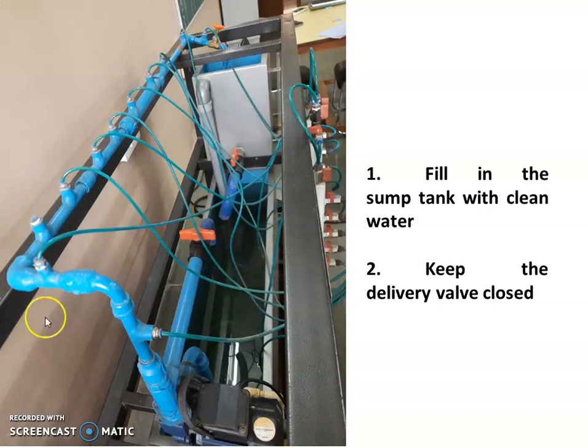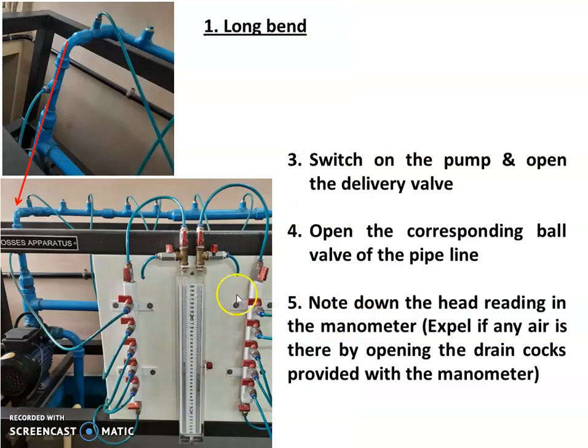This is the arrangement which we can see from the top. Initially, the sump tank will be filled and the delivery valve has to be kept closed. For the long bend, in order to determine the head loss coefficient, we will switch on the pump and open the delivery valve.